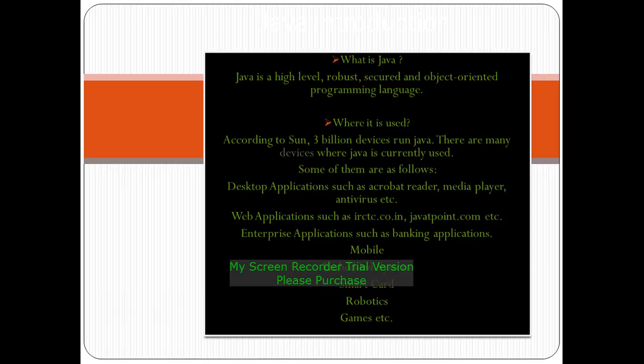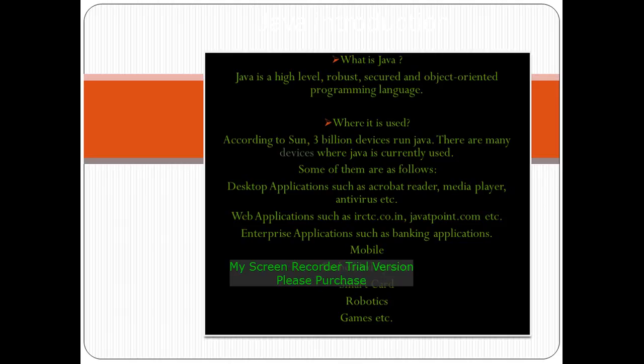If you look at VLC player or Windows Media Player or WordPad or Paint, these things we use at system level only, like desktop level. The software which is used by only one system is called a standalone application.